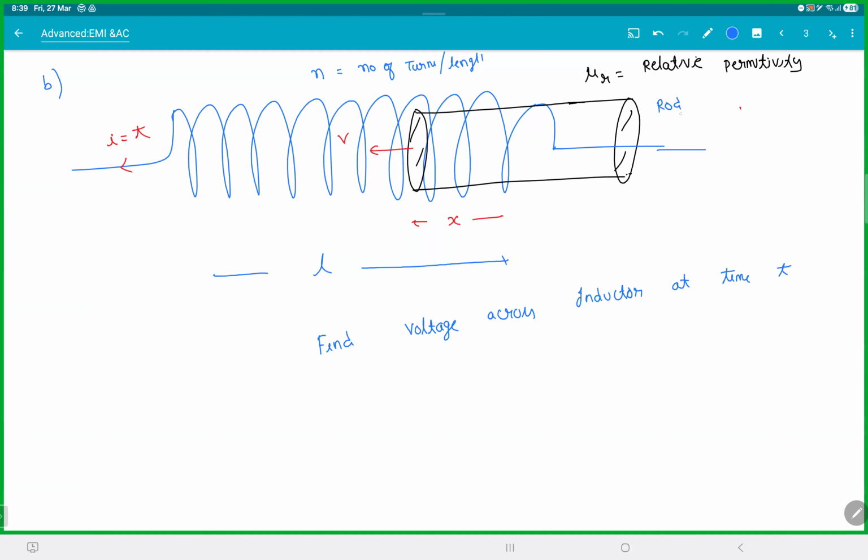It is continuously entering there. The length is L, radius is R, and N is the number of turns per unit length, tightly wound. Find the back EMF across this thing. All these are concepts. I'm not saying they'll get the same question, but the idea is important.